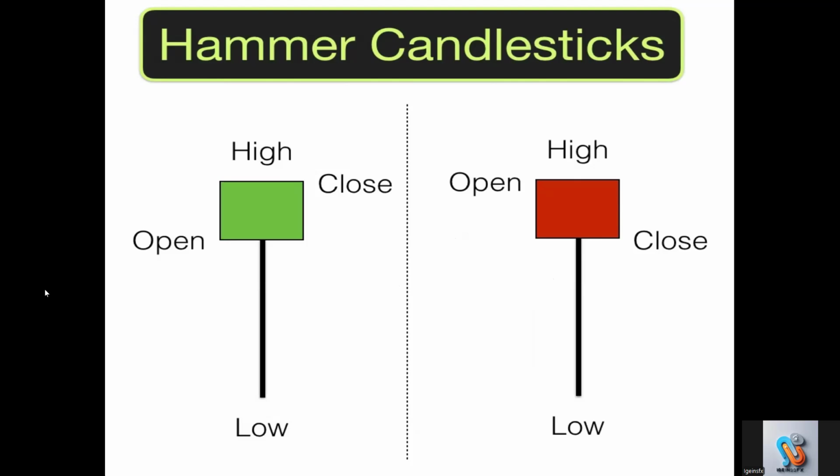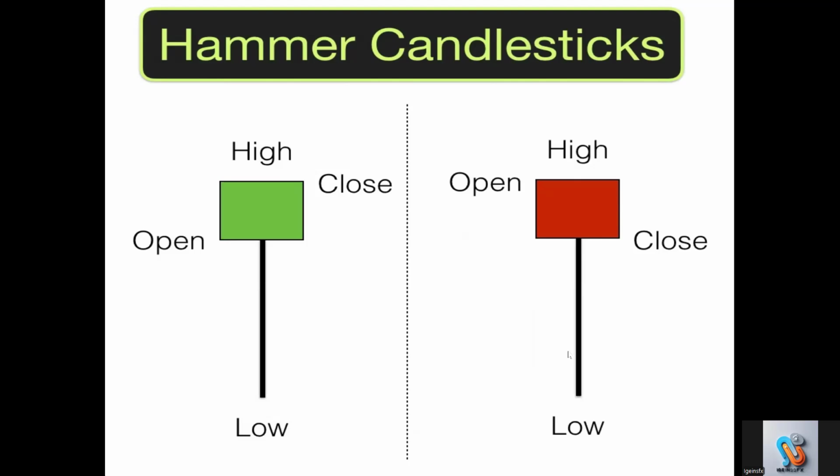All right. So this very one here is a hammer. And the story behind the hammer is that price has been bearish. Price has been going down. Sellers have been pushing the price to the downside. It now got to a support level.